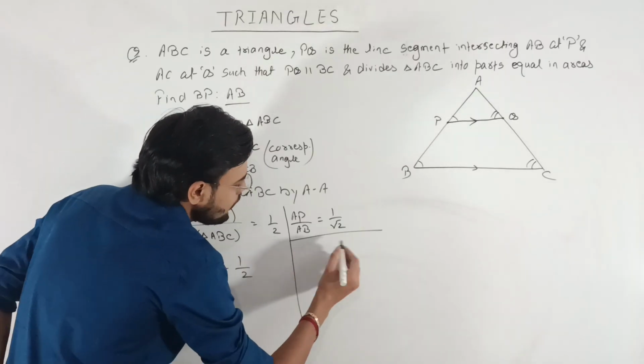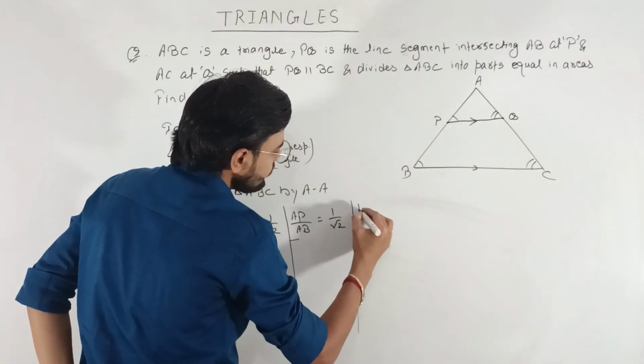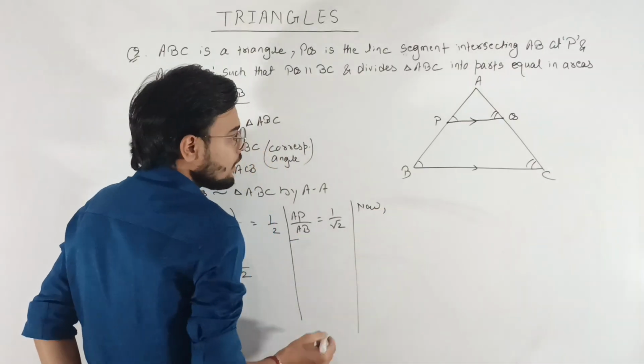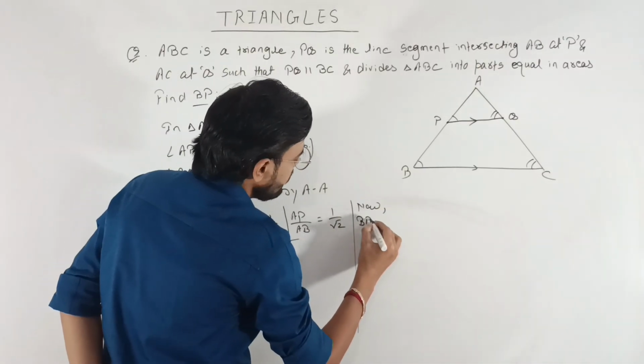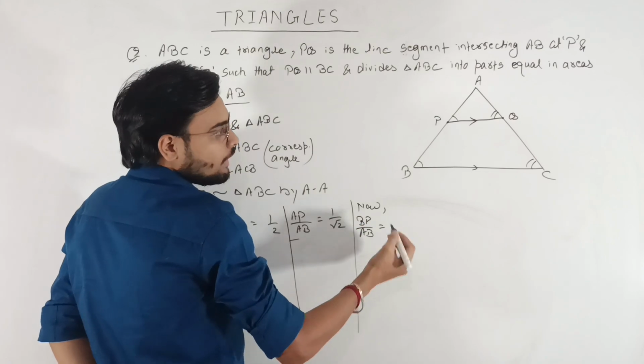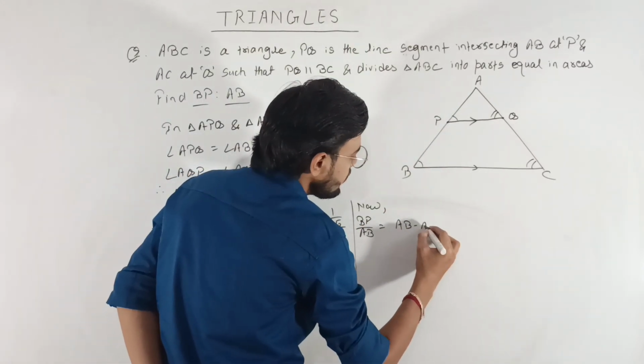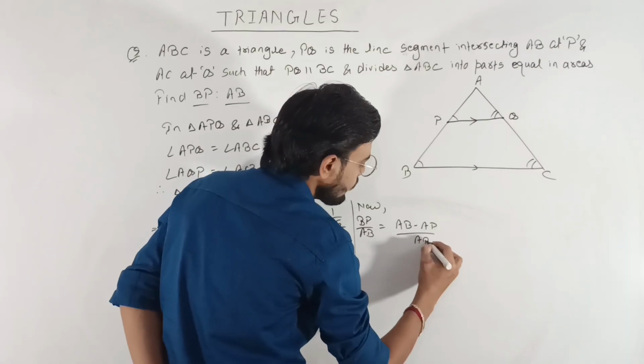So now I solve it here. In place of BP, I write AB minus AP upon AB.